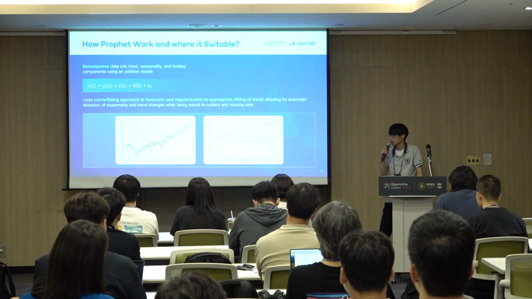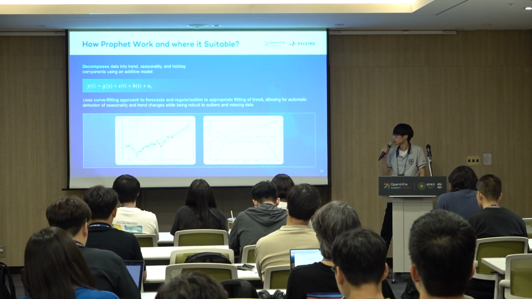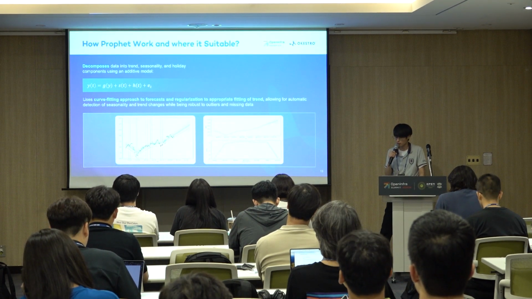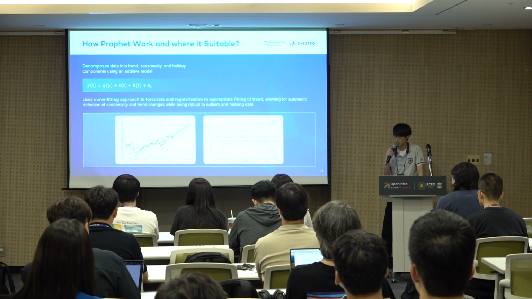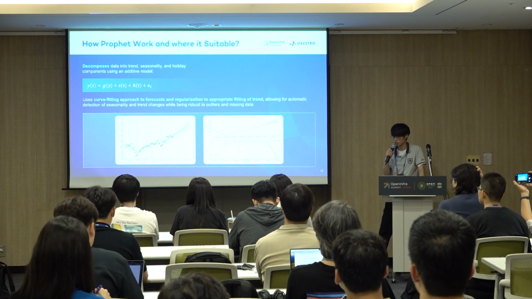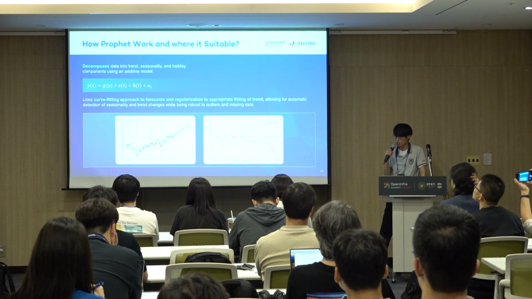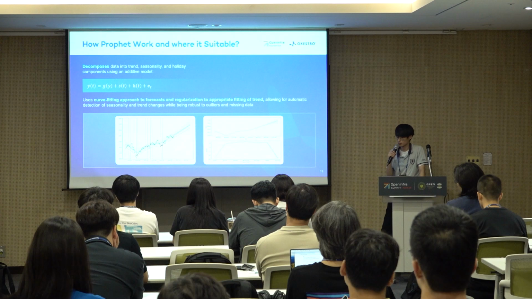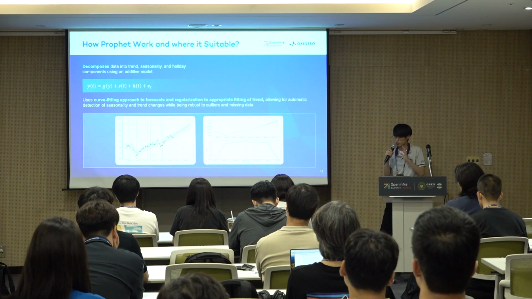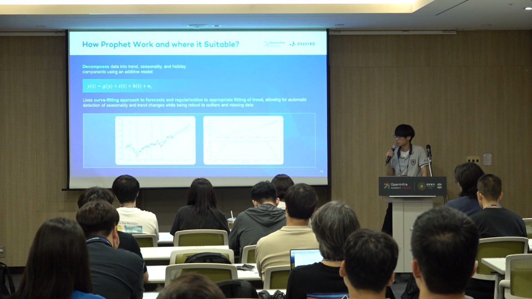So, by the principle of Prophet, Prophet is robust to missing data and outliers and handles complex trend changes more effectively. But Prophet may abstract complex patterns into simple ones because of its mechanism.